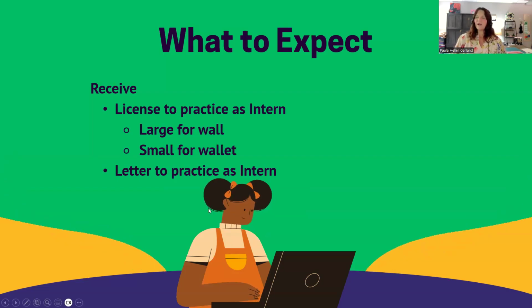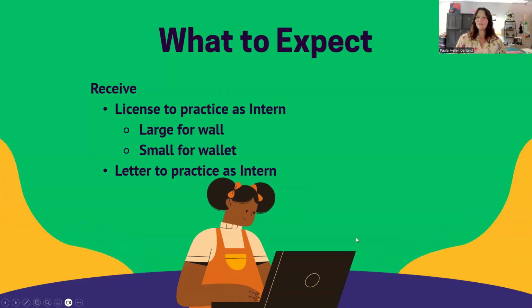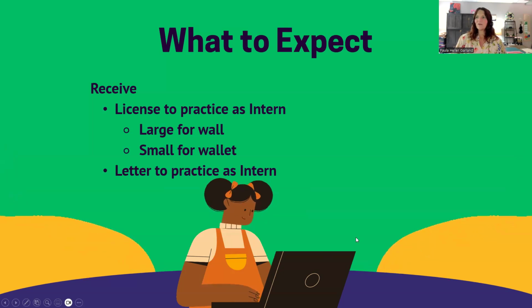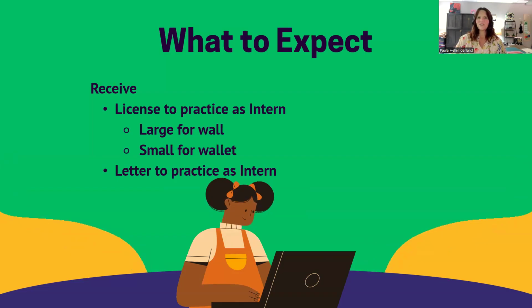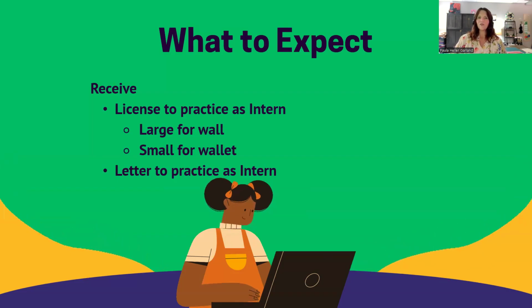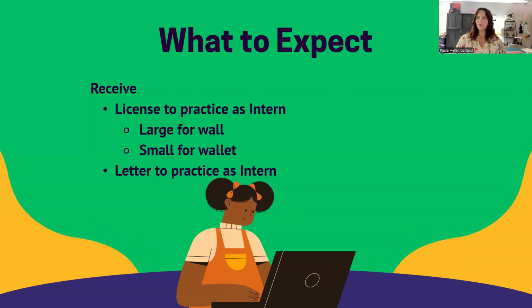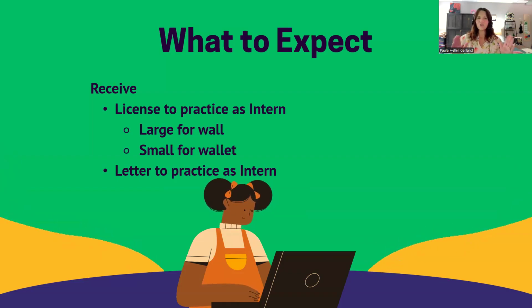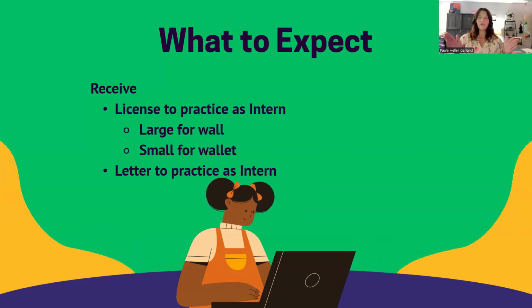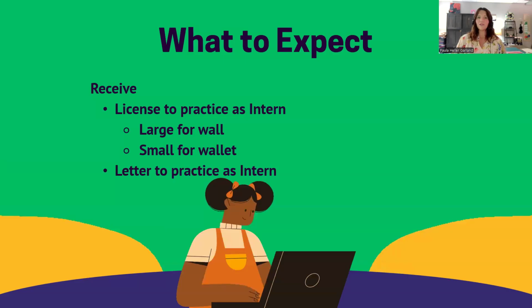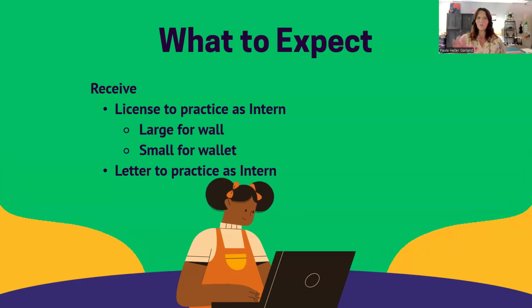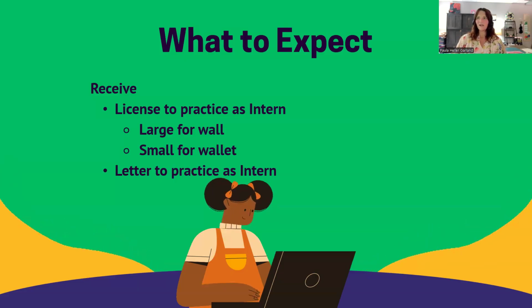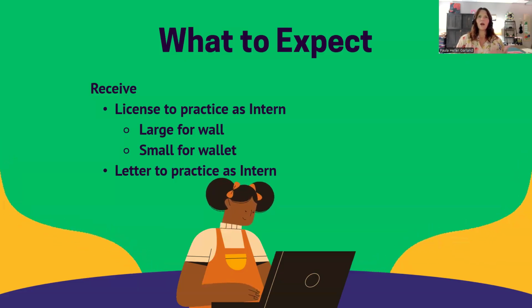They will send you back whenever you do get the license as an intern. They will send you the license to practice as an intern. And you need this for a job. You'll need this for any employer when you go to work. They will give you like a large certificate for your wall, which you must have hanging up in your office, and they'll give you a small one for like your wallet or somewhere, and you're supposed to have that with you anytime that you're actually practicing, and it will come with a letter.